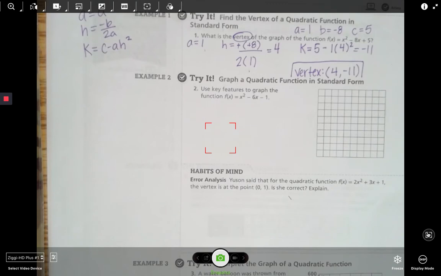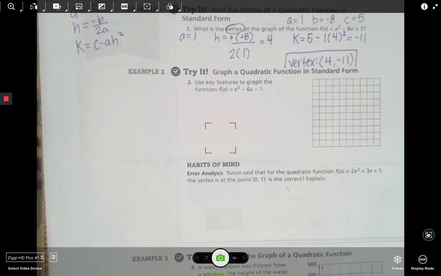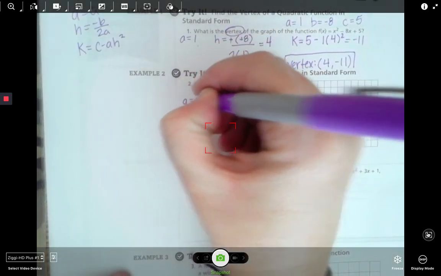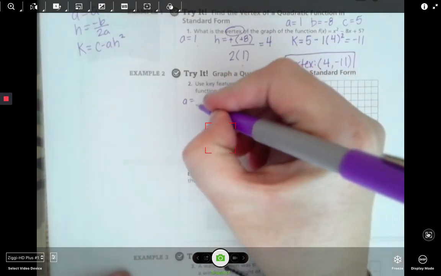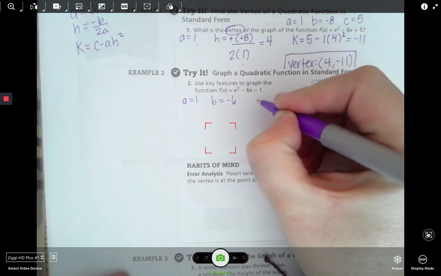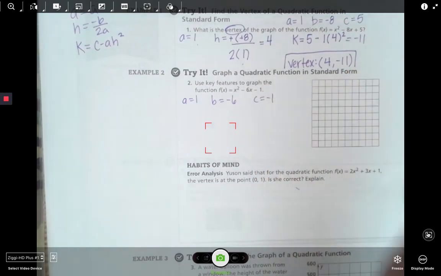Alright, now they tell us to graph a quadratic function in standard form. Use key features to graph the function f of x is equal to x squared minus 6x minus 1. So first thing I'm going to decide is what does a equal? 1. b equals negative 6, and c equals negative 1.